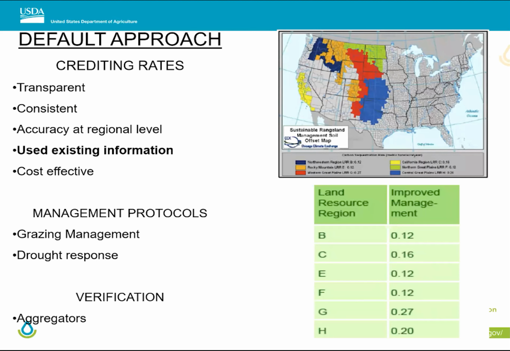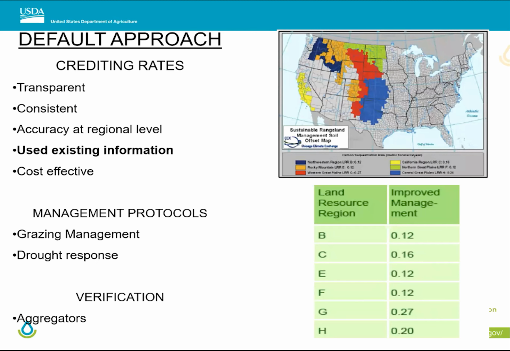Our management protocols, just like I showed in the previous couple of slides, were based on two primary factors: grazing management, and that is getting the stocking rate right and getting the distribution right. And then finally in management, on drought response. When we had a drought, we cut those stocking rates back to save the carbon that was in the soil so that we could quickly return to normal after the drought.